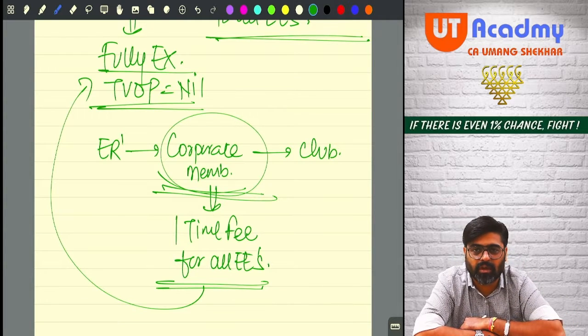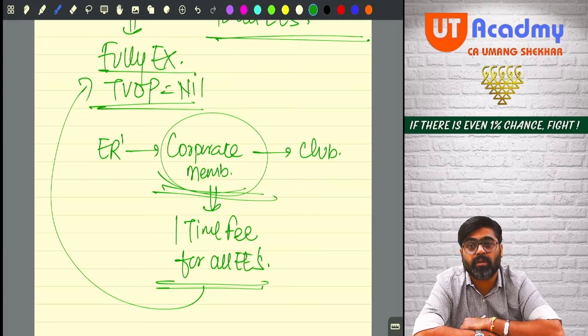Don't charge these amounts under the head salary or anywhere else because these are fully exempt benefits. Why fully exempt? They are personal benefits, but they cannot be apportioned because apportionment will be biased.